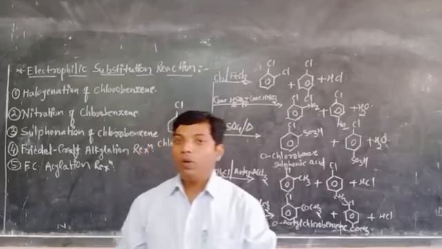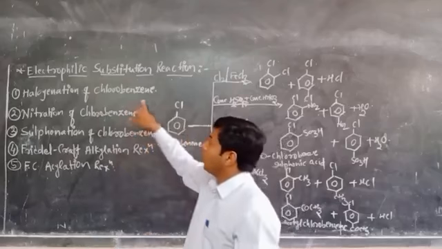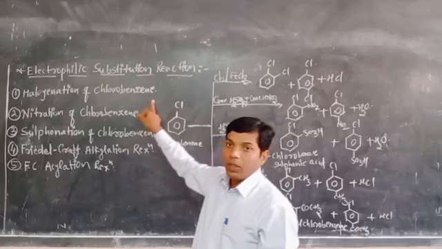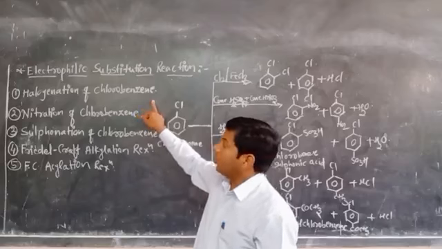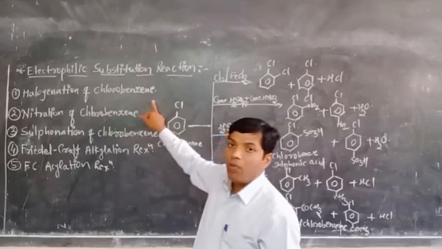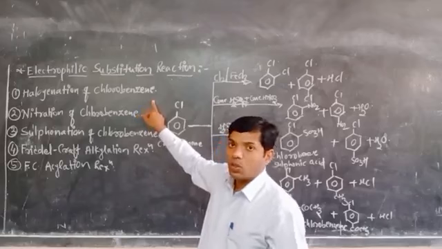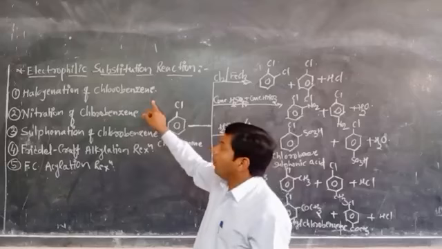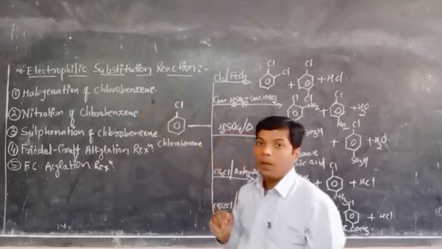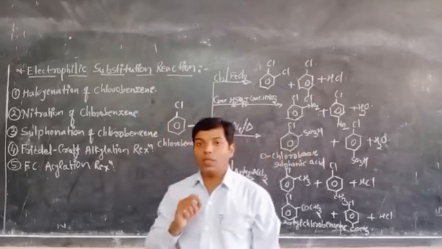First of all, we are going to study halogenation of chlorobenzene. This reaction can also be called chlorination of chlorobenzene, or bromination of bromobenzene. So what happens in the halogenation of chlorobenzene?